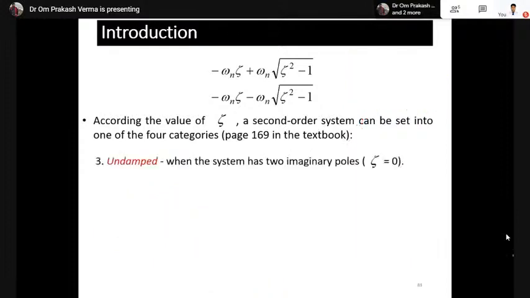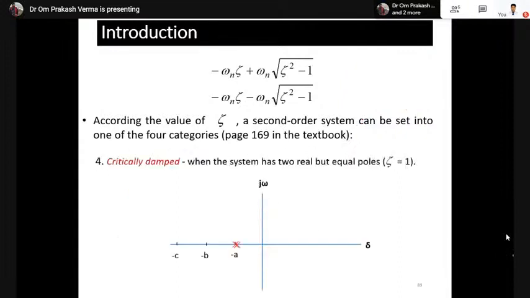So this is the third case, critically damped. Critically damped means zeta equals 1. It means we take the same case again, omega n is 1 and zeta is equal to 1. So s square plus 2s plus 1 becomes like this, okay? And it is nothing but 1 upon s plus 1 whole square.